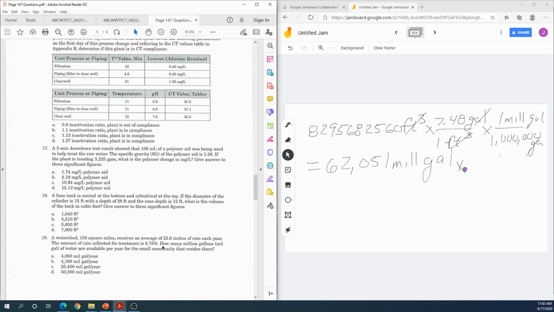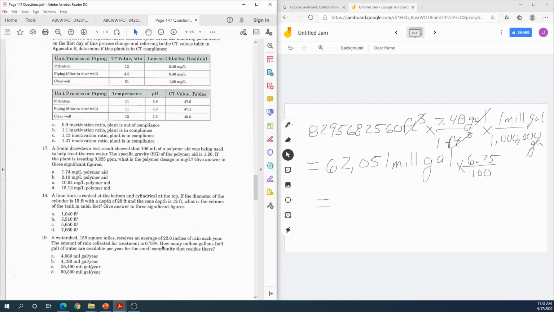We're going to multiply that by our 6.75%, which in order to get the percent into a decimal, we just divide by 100. We take our 62,000 million gallons, times that by 0.0675.